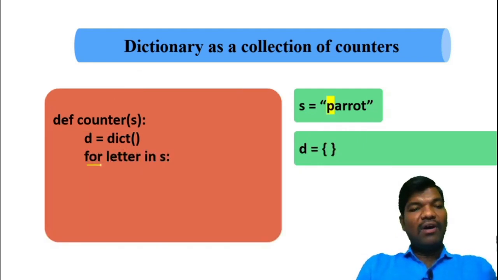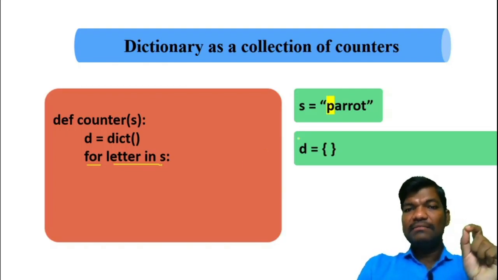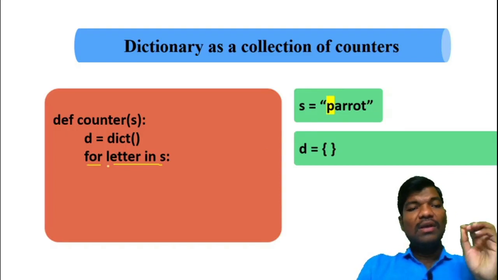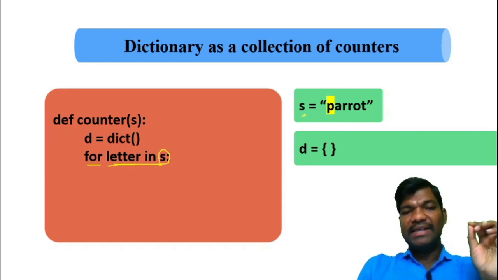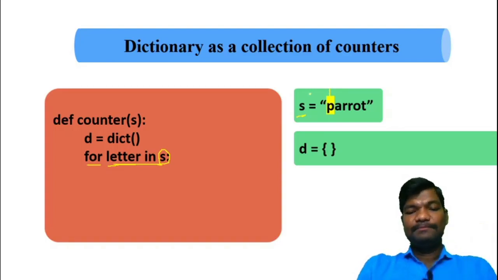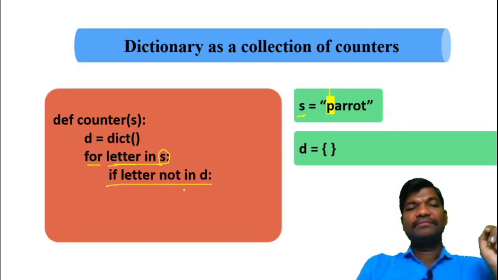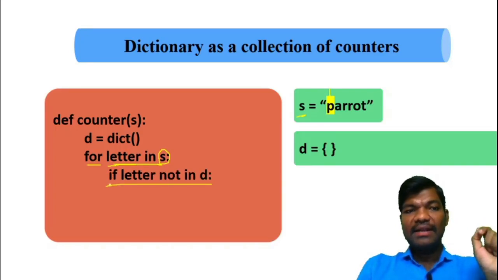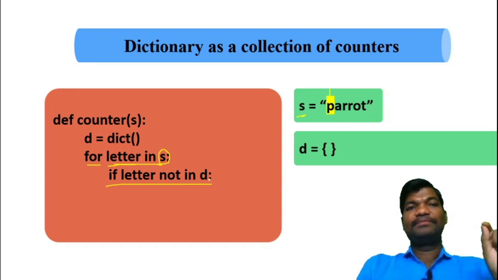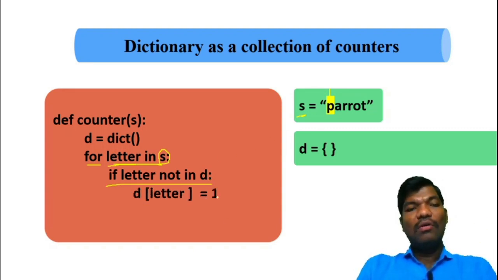Apply loop: for letter in s. For letter in s, you can take i also, no problem. So this is s. First consider P. In the loop I am giving an if condition: if letter not in d, if that is true, d[letter] = 1.